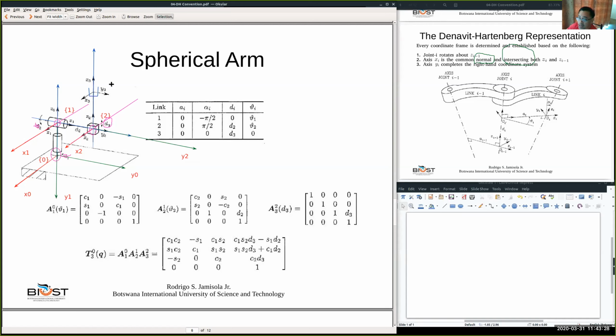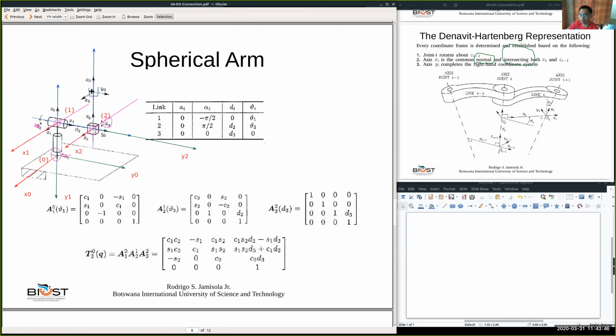Again, frame 3, normally we just make Z3 be in the same direction as Z2, and then X will be parallel to the same X, just translating along the Z axis.